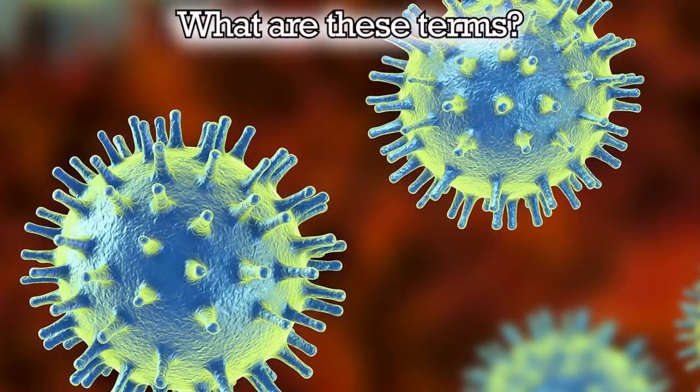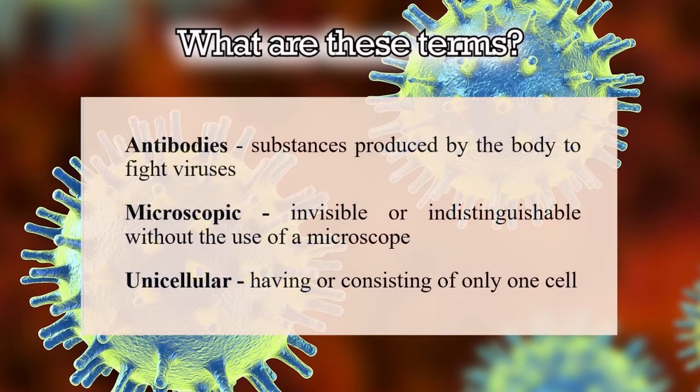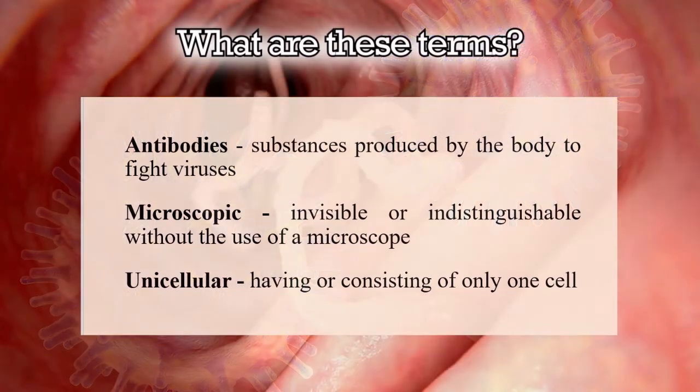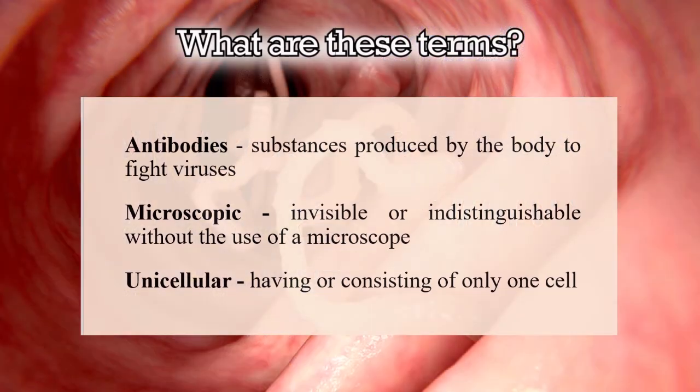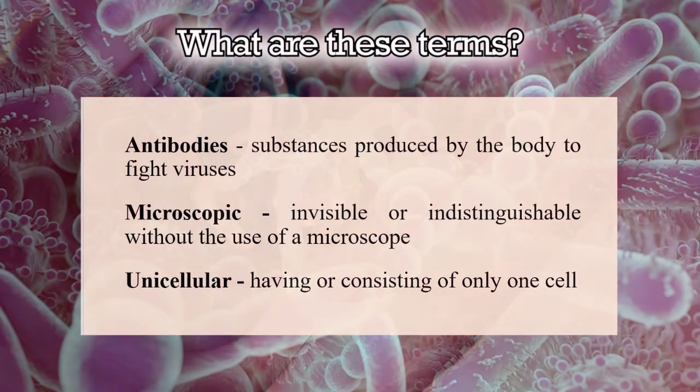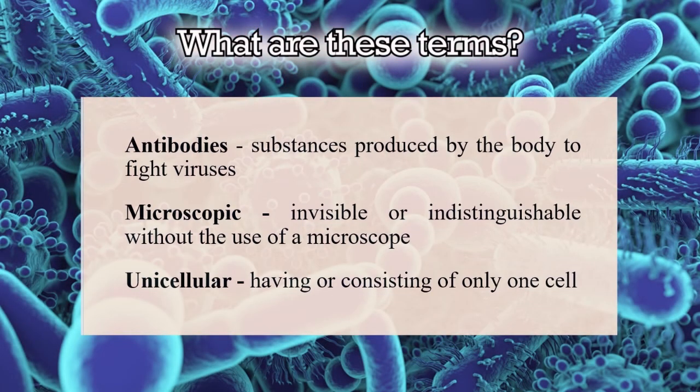Now class, let's check the meaning of the different terms discussed. We have here antibodies. These are substances produced by the body to fight viruses. Next one, microscopic, invisible or indistinguishable without the use of microscope.